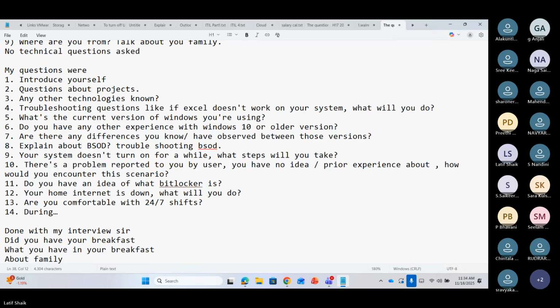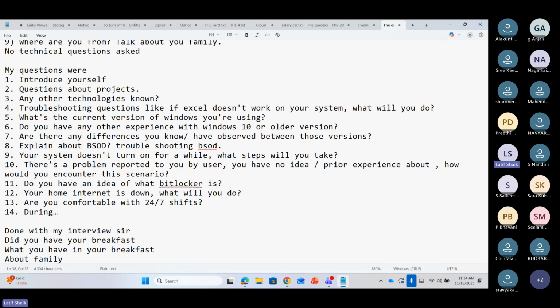Troubleshooting question: if Excel does not work on your computer, it means Excel, an application, is not working, and Excel is a Microsoft product. Whenever you install Microsoft Office into your system, you will get Excel. So it's not an Excel internal data issue; it's about Excel as an application.